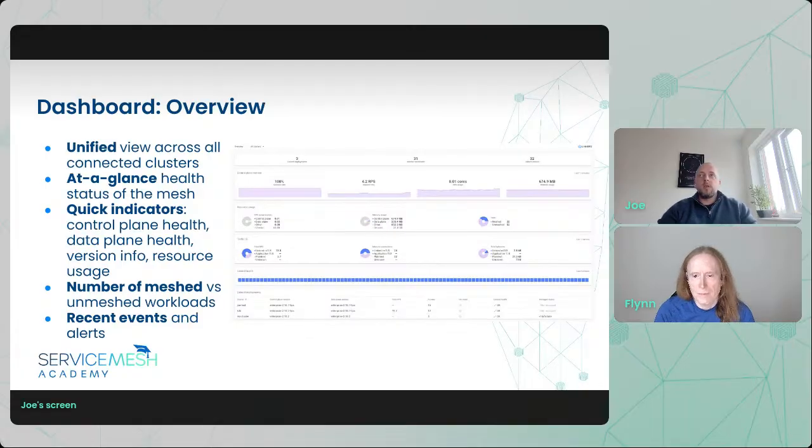One of the first things that customers go to our support team with when there's any kind of issue or connectivity error is, okay, well, are the pods meshed? It's like the first question that we're asking. It sounds really silly, but it's actually really important.